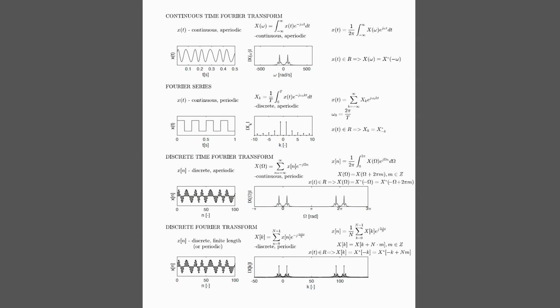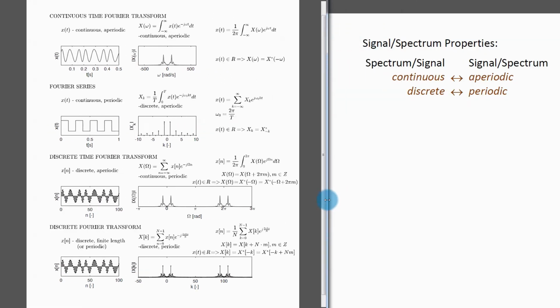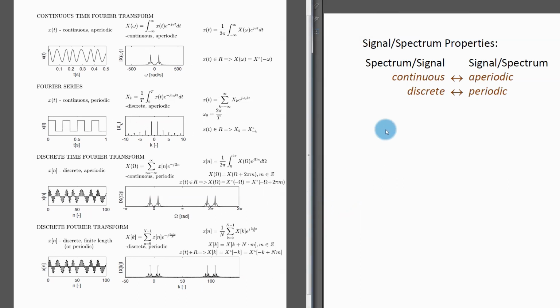Now there is a useful mnemonic which can help you to remember the properties of these spectra. The thing is that continuity is always connected with aperiodicity and discreteness is always connected with periodicity. So, if we have a signal which is continuous, its spectrum is going to be aperiodic.